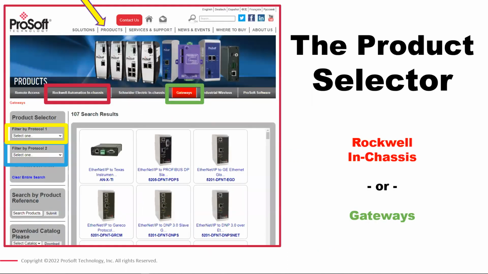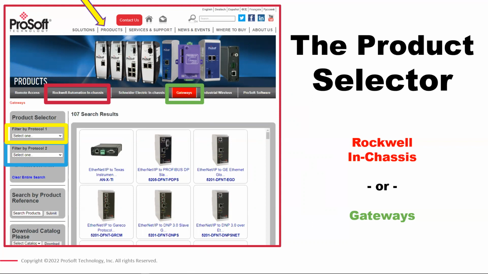And one of the things that I always like to point out to anyone is that you can go on our website to figure out what protocols you're looking to communicate through. You'll see in the yellow box, you'll select your first protocol. Let's say you're trying to go from Ethernet/IP to Modbus TCP/IP.